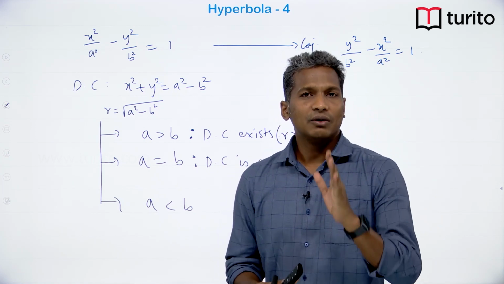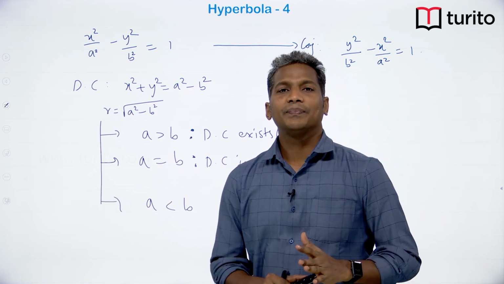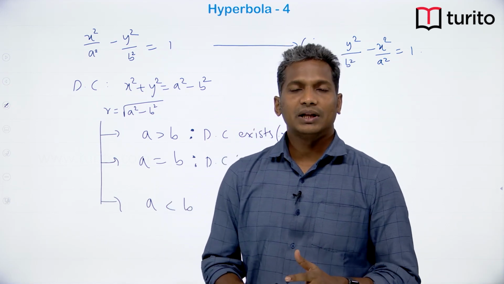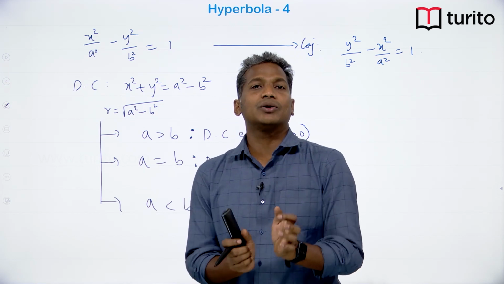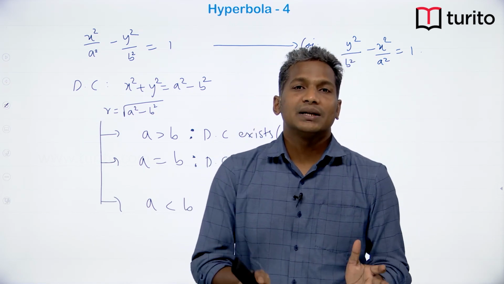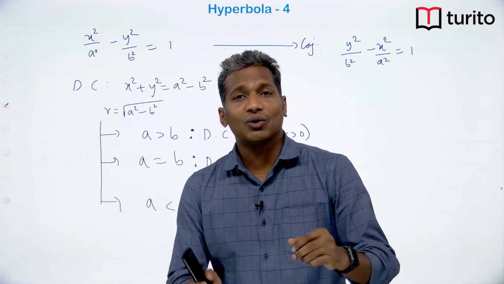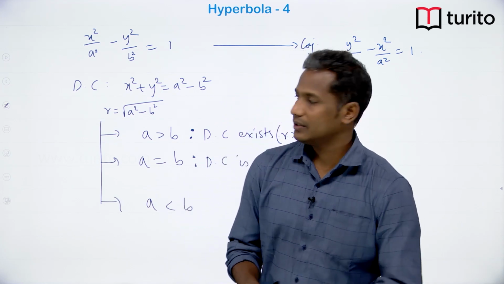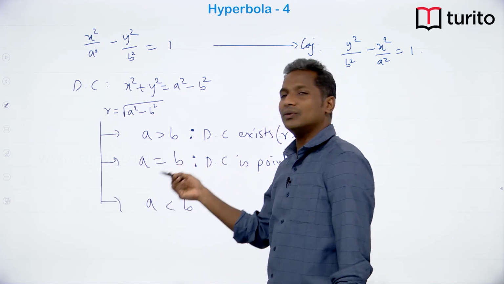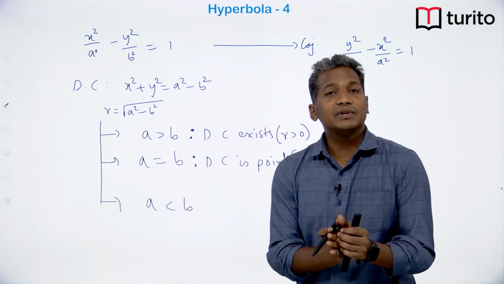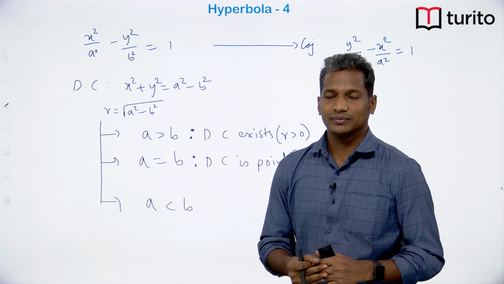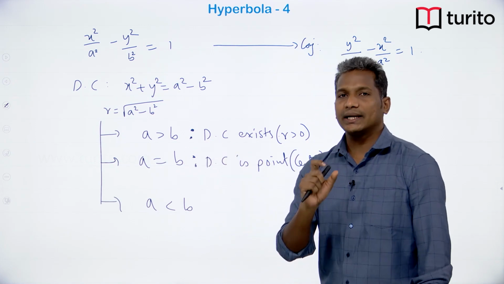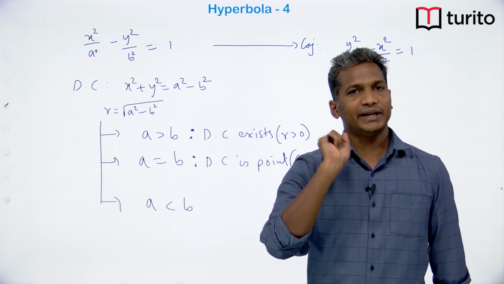So that means for a rectangular hyperbola, the director circle is only a point. That means there is only one point from which you are drawing perpendicular tangents, and those tangents also become the asymptotes of that rectangular hyperbola. And those tangents are also the tangents which never touch the hyperbola. So here for a equal to b, the director circle is just a point.